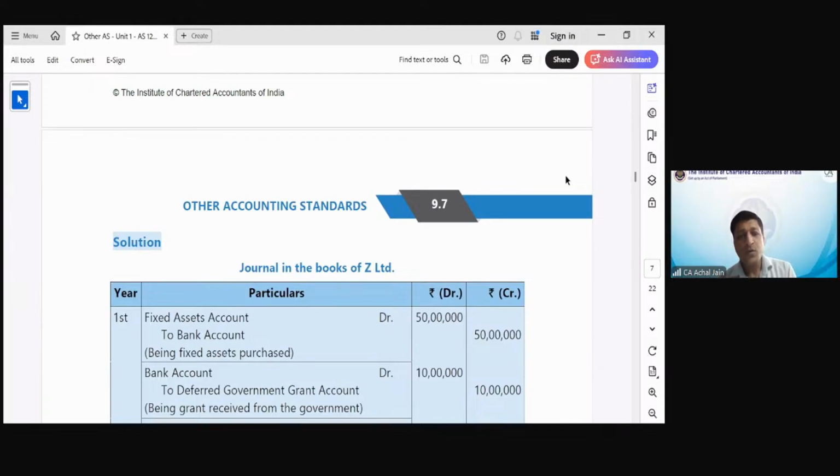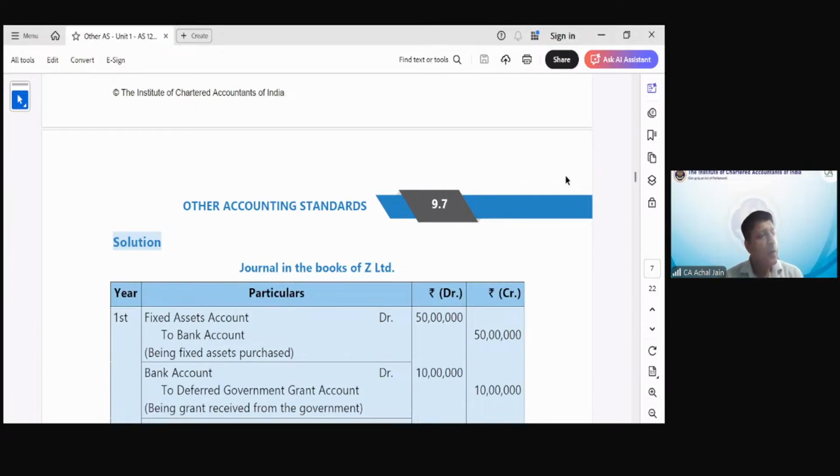Bank to deferred government grant account or deferred income, whichever nomenclature you want to use. It is better to use the nomenclature given in the question. This will be our liability, and we will reduce it year by year for the remaining 5 years, which will be 2 lakhs per year.